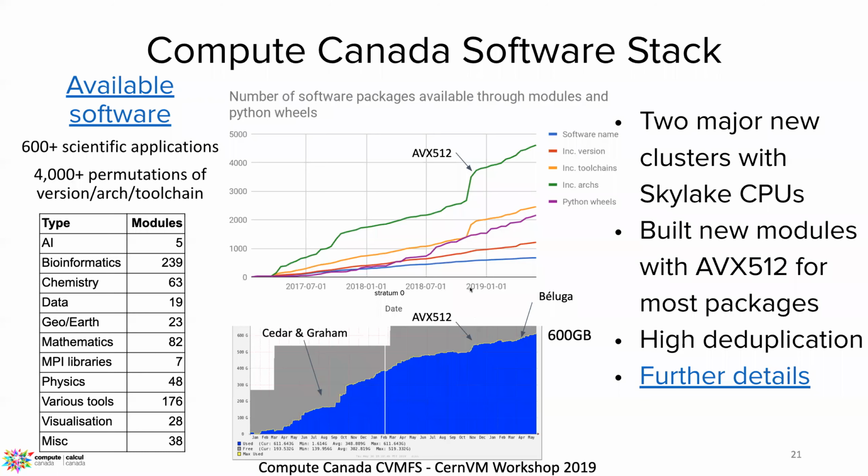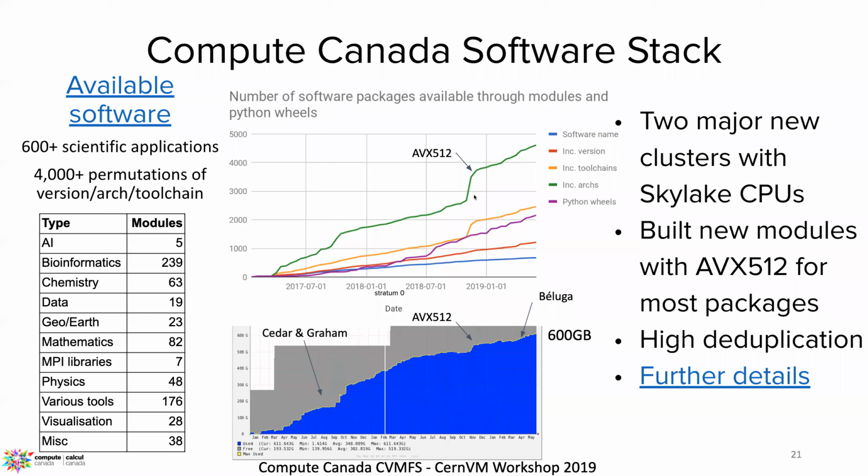You can see around the fall of last year, we had a big spike. That was when we rebuilt the whole software stack for Beluga, the newest cluster that has AVX512. Because of all of the automation that we have, the build time was basically limited by the CPU power we had to compile.